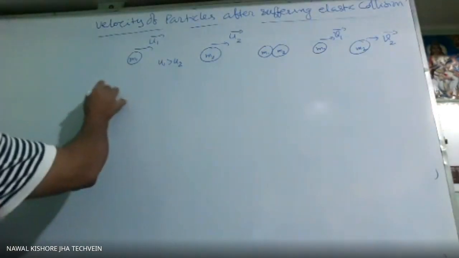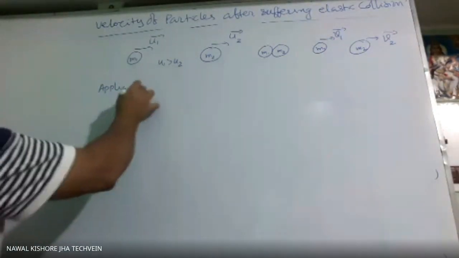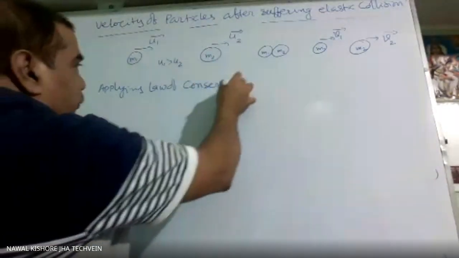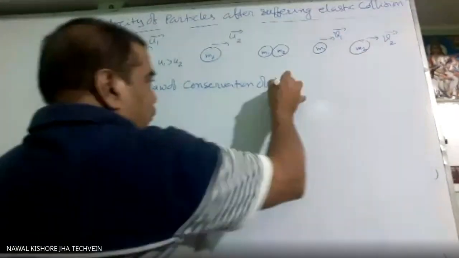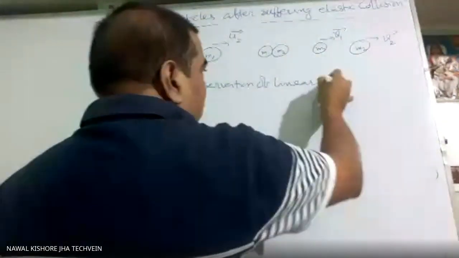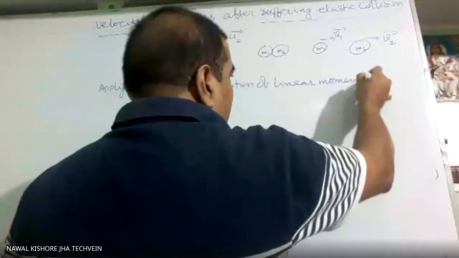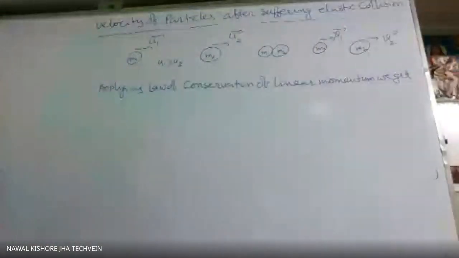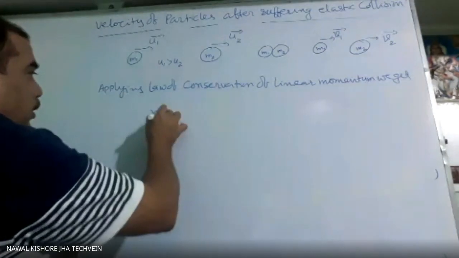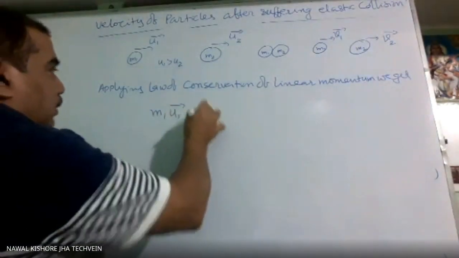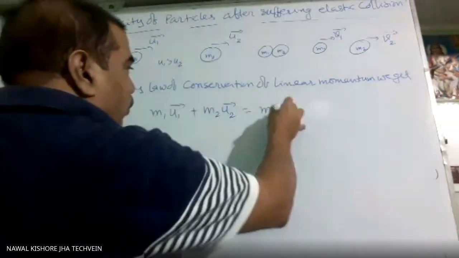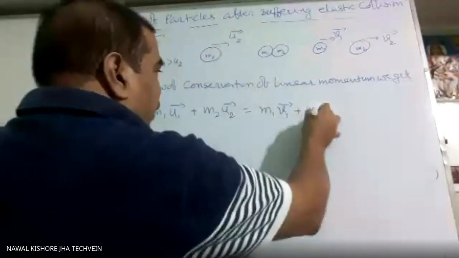Now if we apply the law of conservation of linear momentum, we get m1 u1 plus m2 u2 equal to m1 v1 plus m2 v2.